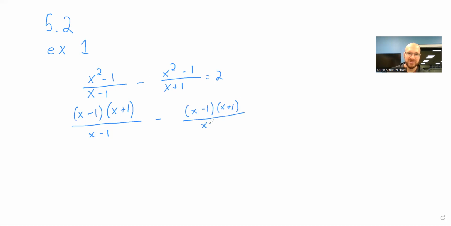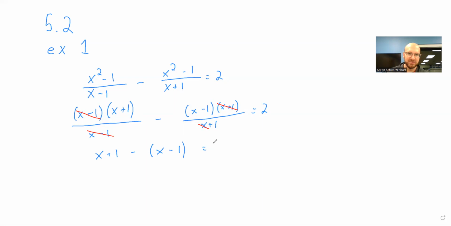If you notice, each of those has a factor that's the same as the denominator, so they cancel, leaving me with x plus 1 minus x minus 1.